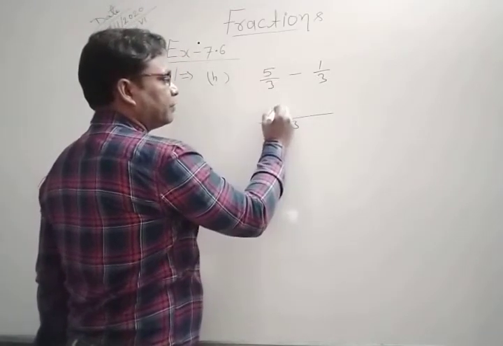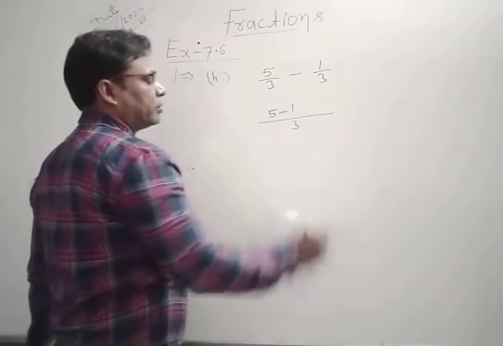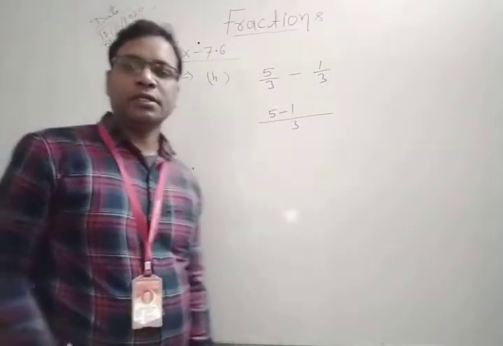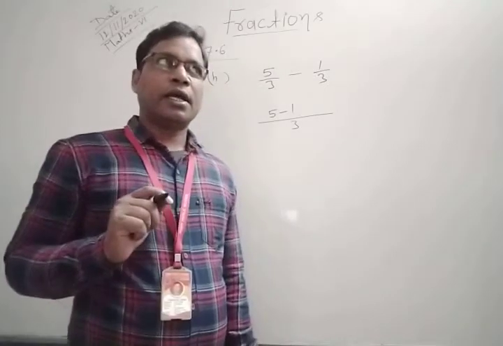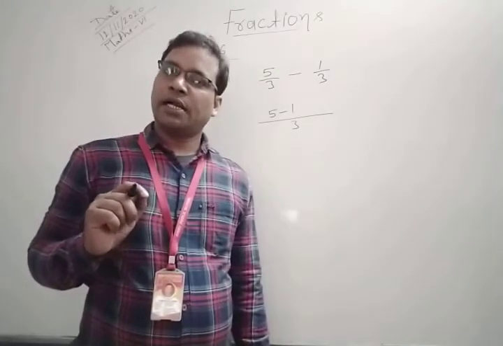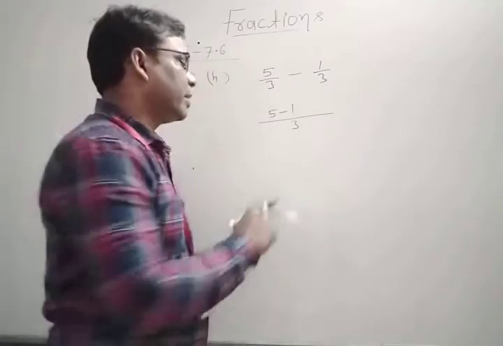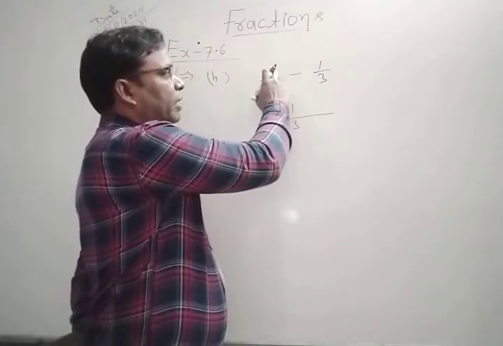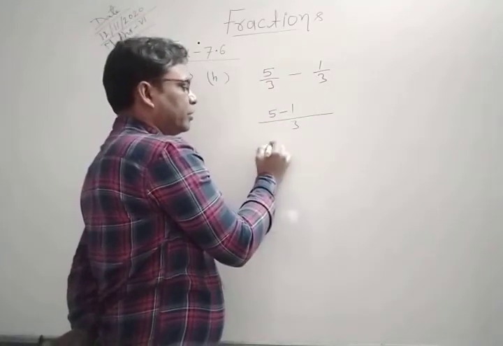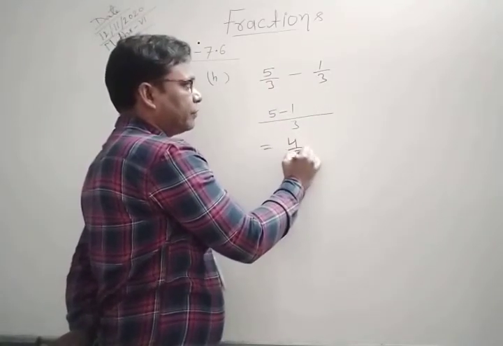So here 5 minus 1. In the case of like fractions, we add or subtract only their numerators, and the denominator of both fractions remains the same. So right here their denominator is 3 and numerator is 5 minus 1. This is equal to what? This is equal to 4 by 3.